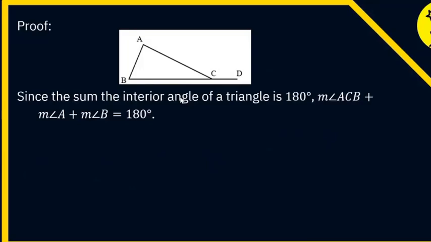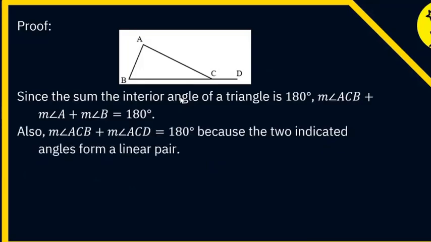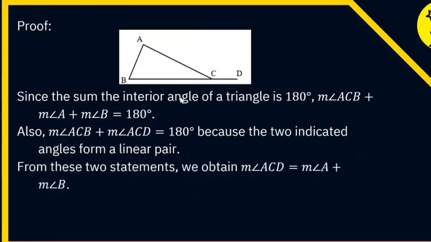So angle A plus angle B are the remote interior angles. Also, the measure of angle ACB plus the measure of angle ACD is equal to 180 because the two angles form a linear pair. From those two statements, we obtain that the measure of angle ACD is equal to the measure of angle A plus the measure of angle B.